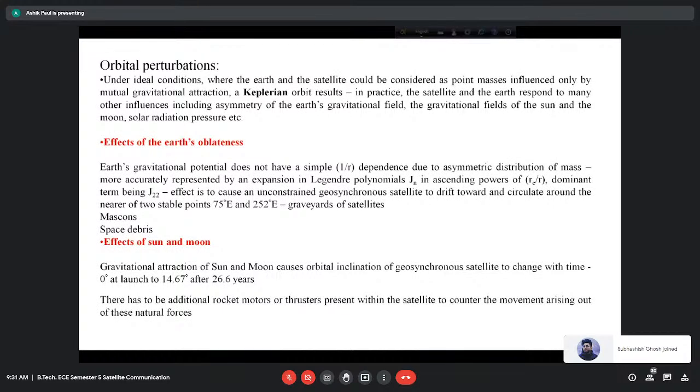And this non-dependence, or not having a simple 1 by r dependence, sometimes causes problems for an unconstrained geosynchronous satellite. We will come to this in a little bit more detail in some of the next chapters, but here let us introduce these things to you: a geosynchronous or a geostationary satellite, after launch, has a typical lifetime of about 7 to 10 years.